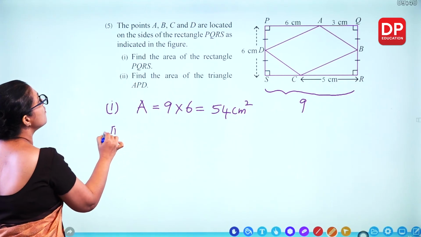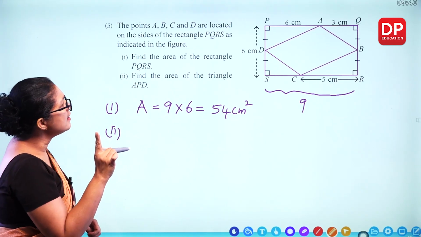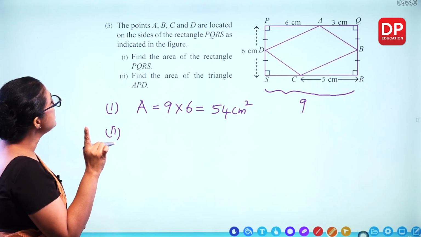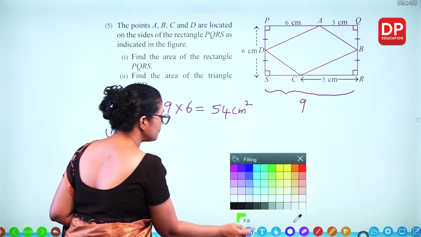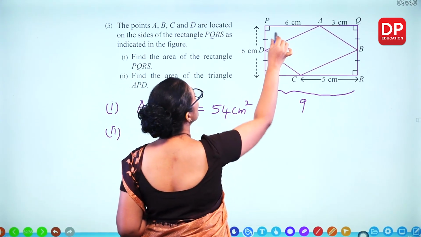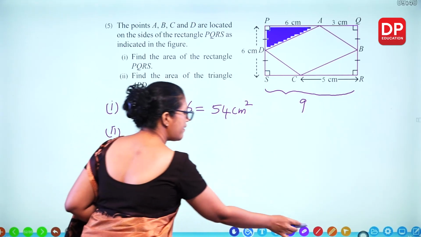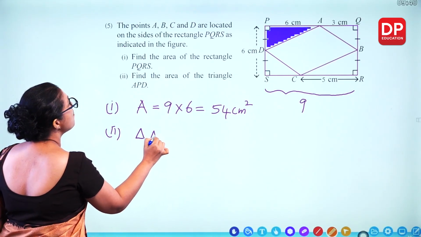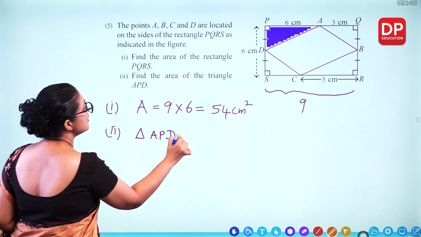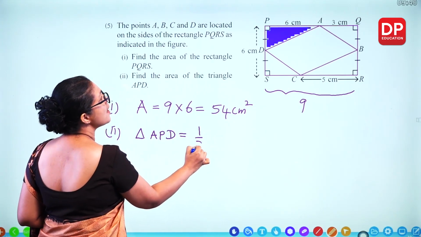Then find the area of the triangle APD. APD, this one. So what's the area of that triangle? Area of the APD triangle is half times.